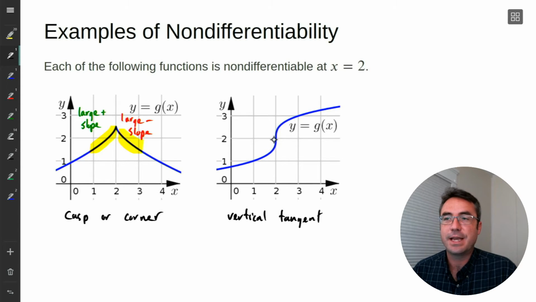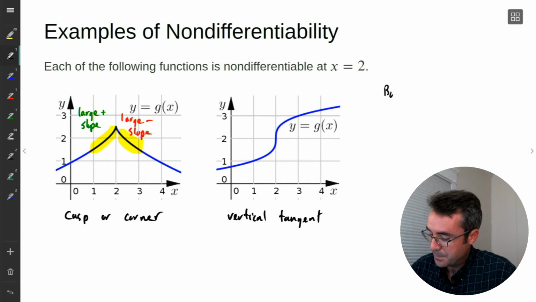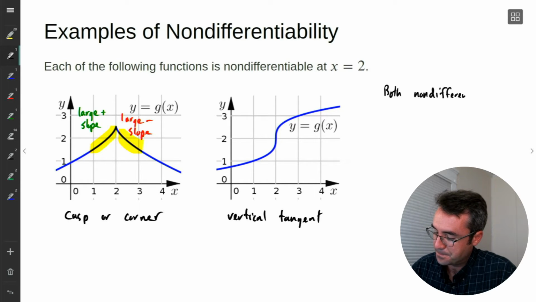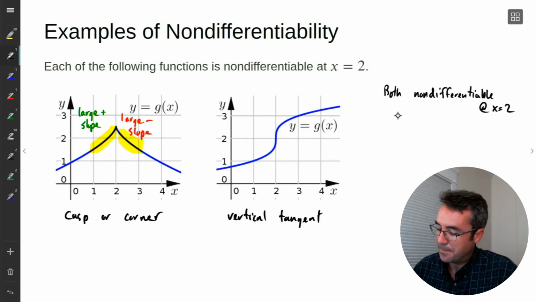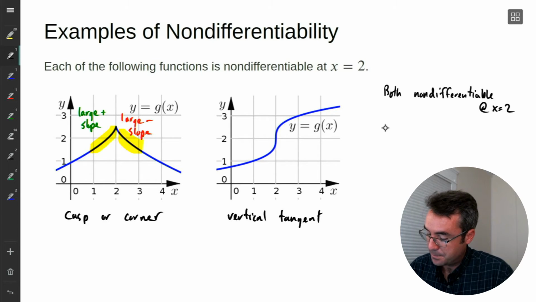So if we have a vertical tangent, our function is non-differentiable there. So what these two examples show is that these graphs are non-differentiable. These are both non-differentiable at x equals 2. But they are both continuous at x equals 2.